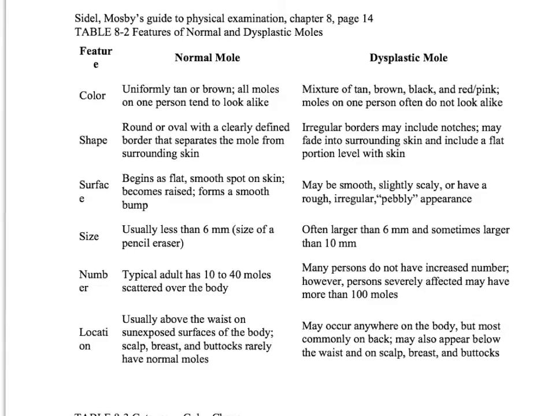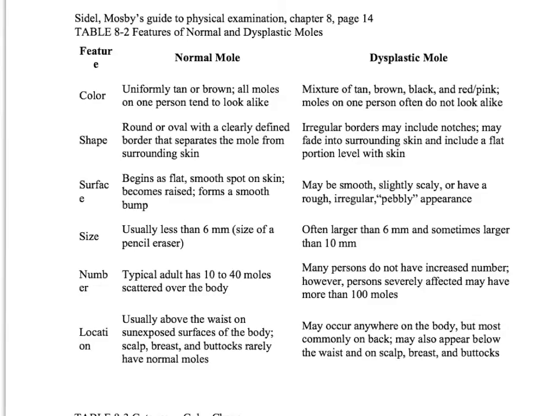Usually a round, oval, clearly defined border is normal. When you start to see irregular borders, there can be notches, fading parts where it fades into the skin color. And then there's a fine line between dysplastic moles, what they look like, and what a melanoma looks like. And I have some pictures of the melanoma also at the end of this presentation.